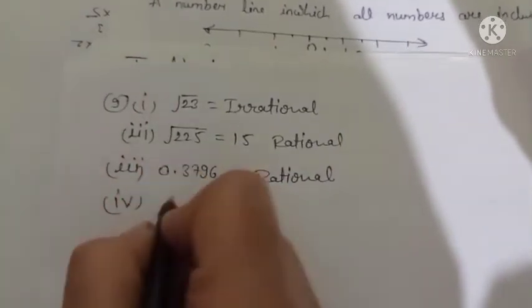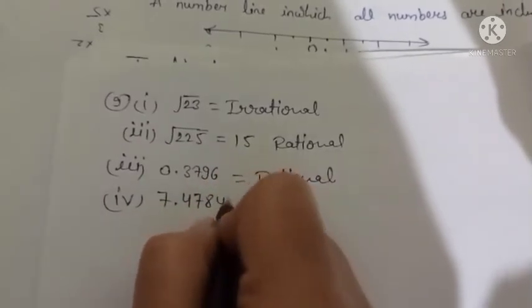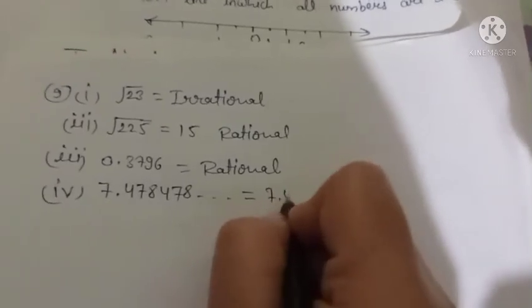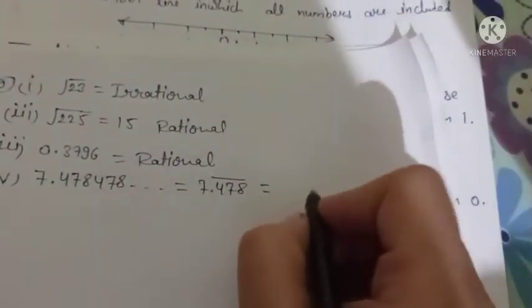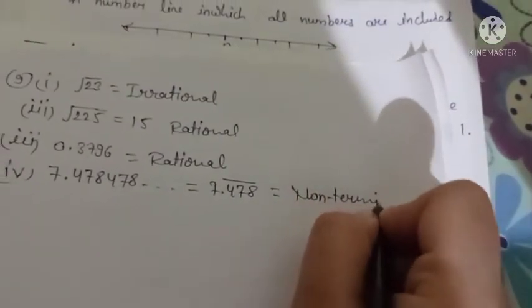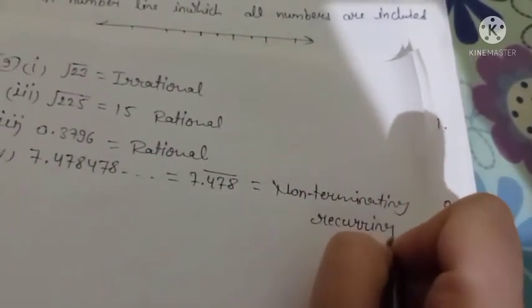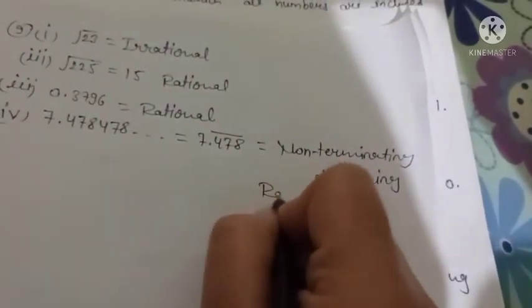Fourth is 7.478478 and so on. We can write it as 7.478 bar. This is non-terminating recurring, so we can say this is a rational number.